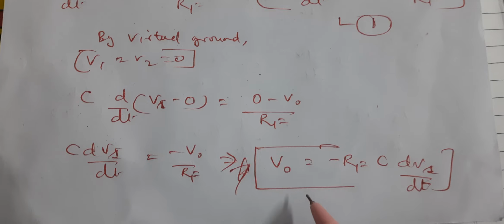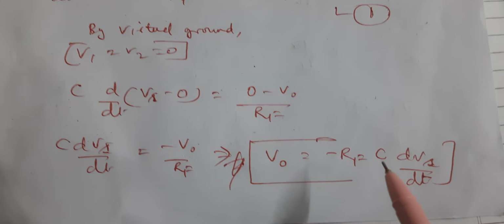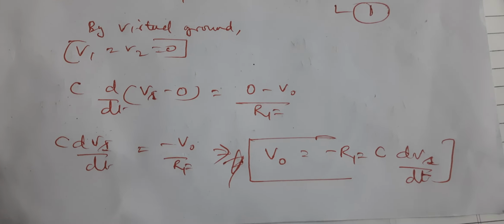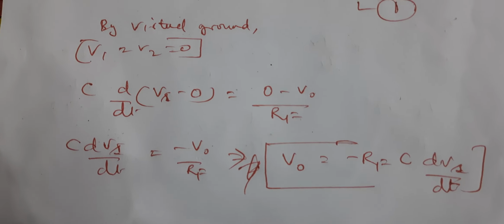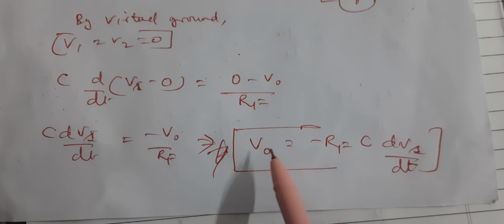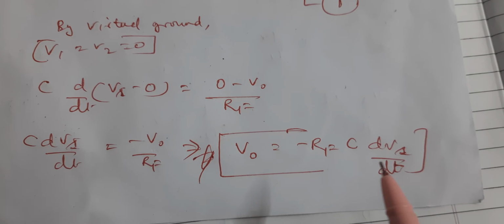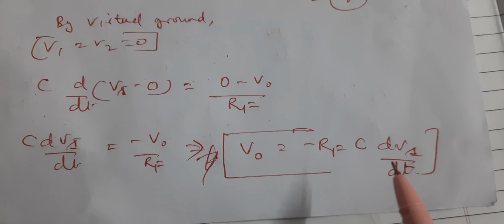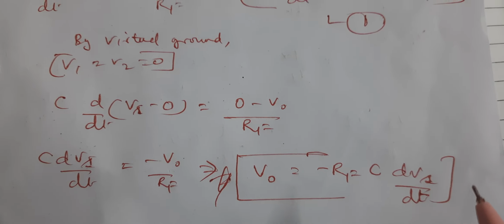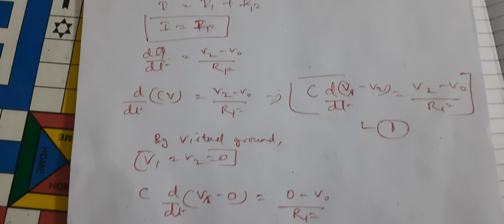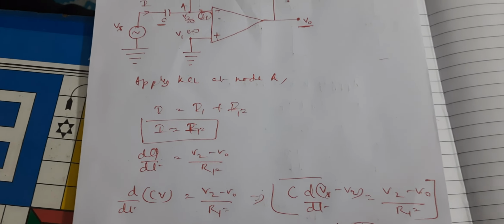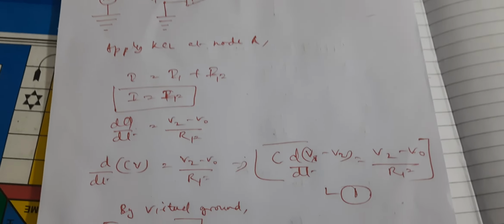So we get the final equation of the output voltage as the time derivative of the input voltage: V0 is equal to minus RF C into dVs by dt. Okay, this is all about the differentiator circuit and the integrator circuit.